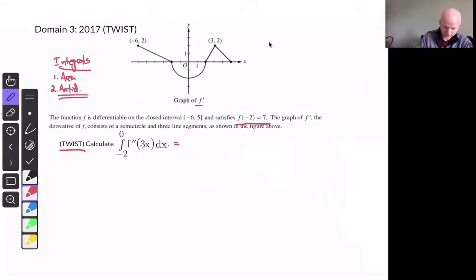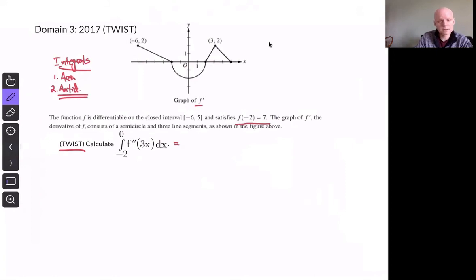But there's a twist. Because I've got this 3x right there, we really want to be thinking about u substitution. I'm going to pick u equals 3x. And then my dx is going to be du over 3. And what we end up with then is 1/3 the integral of f double prime of u.